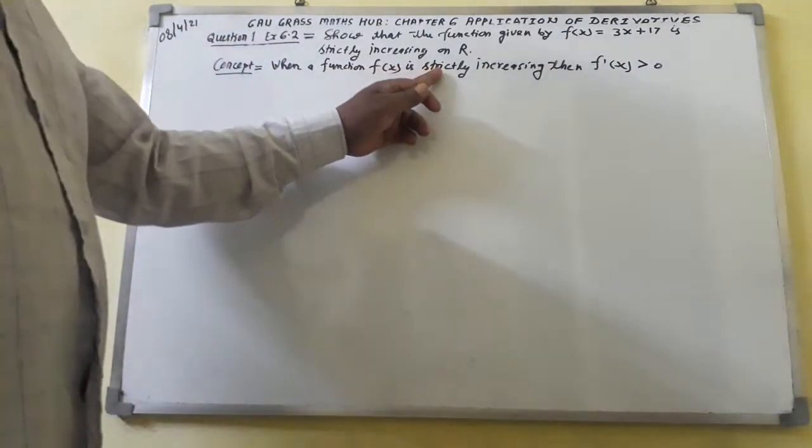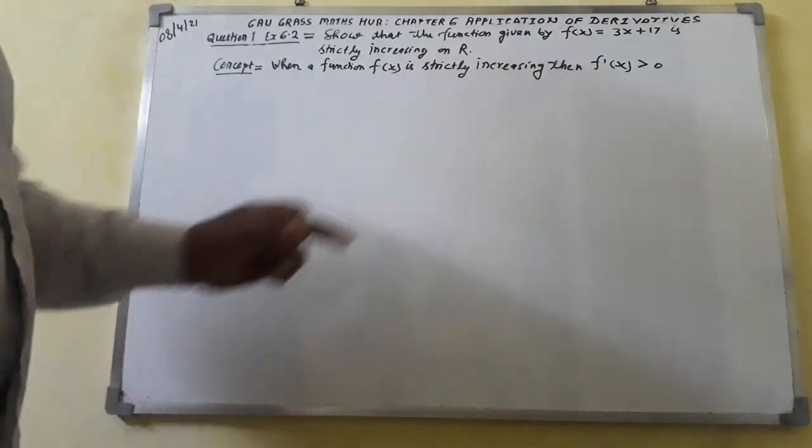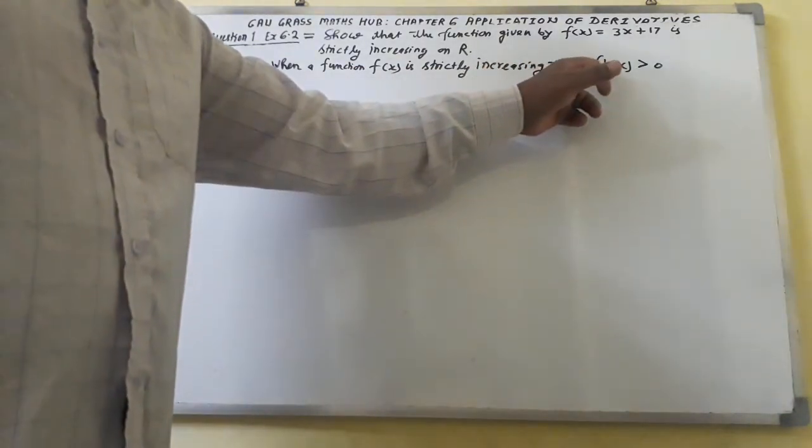Here the word strictly is written. That's why f dash x will be greater than 0.